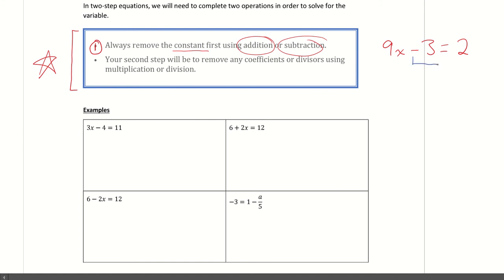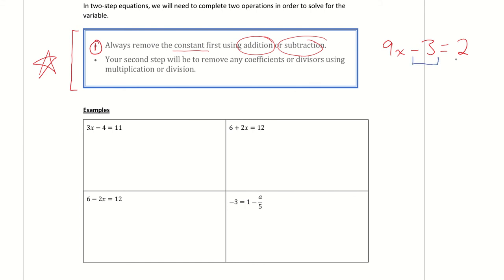Well, negative 3, that is a constant, and 2, we have a constant here as well. So which of these two constants are we going to get rid of? Well, the constant that we're going to get rid of is this one. We're going to get rid of this constant because it is the constant with the variable term.